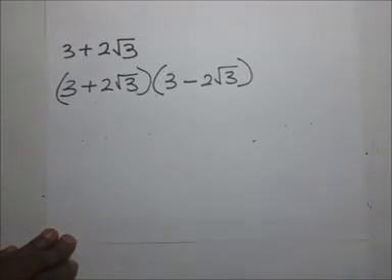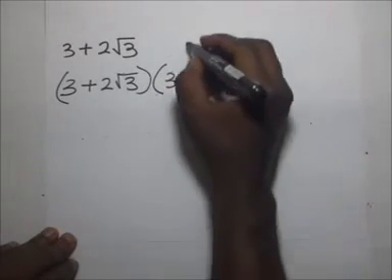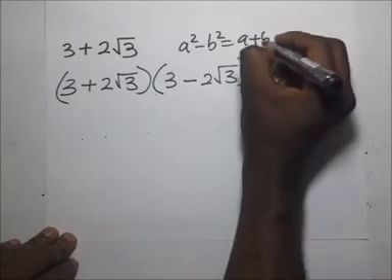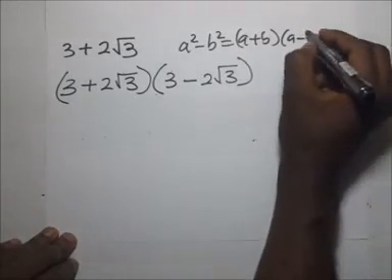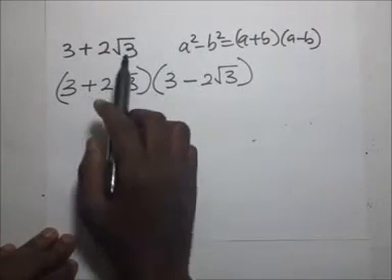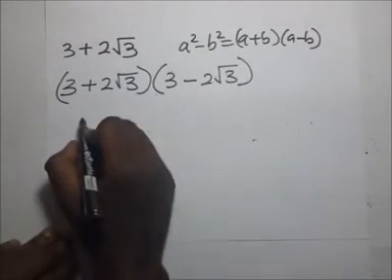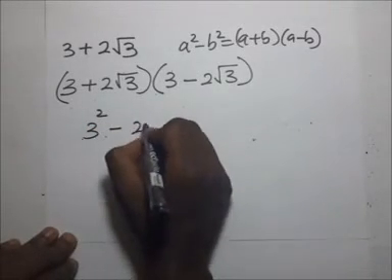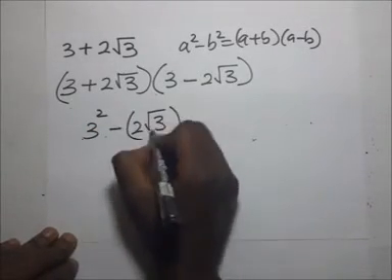Now, using the difference of two squares, which is this, our value of A is 3, our value of B is that. So this is the same as saying 3 squared minus 2 root 3 squared.